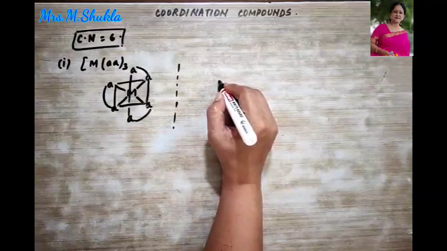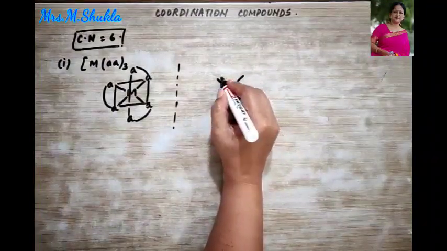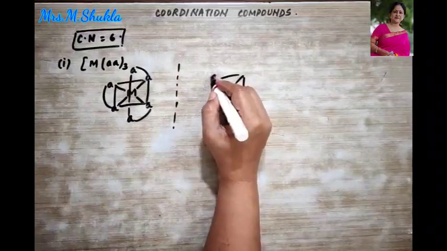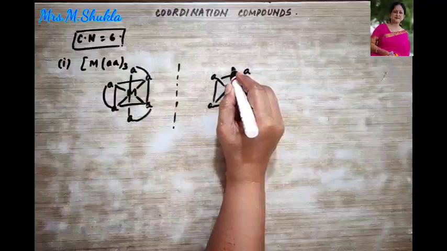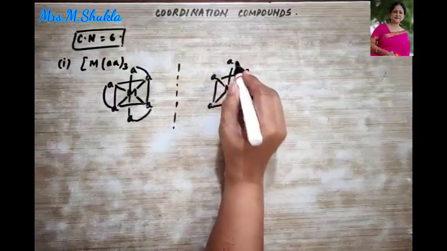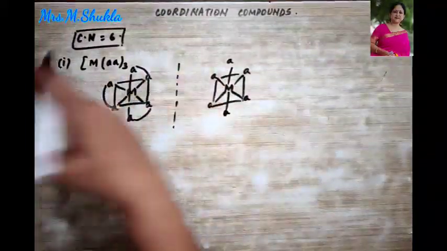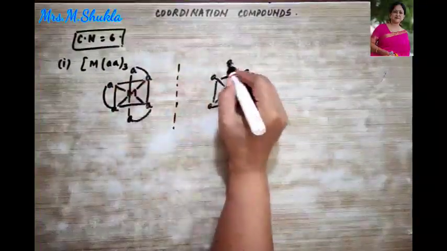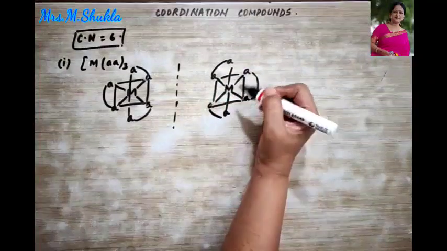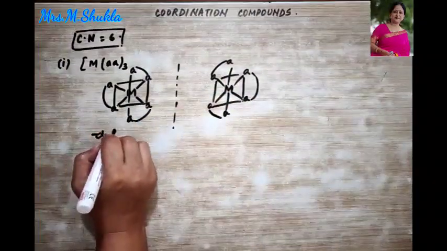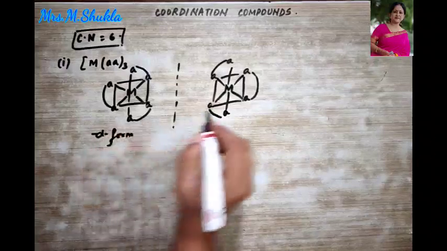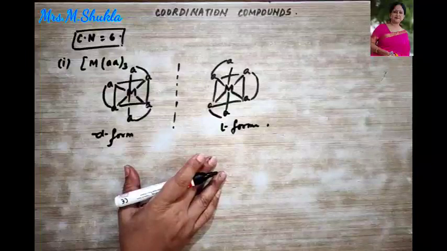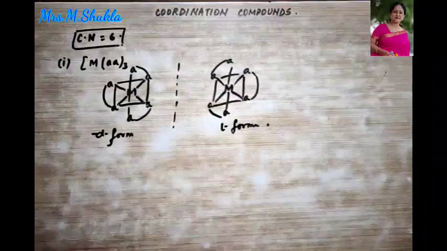M. This is A. So this portion goes the other side. This shows the mirror effect. This comes this side. Okay. So this is your D form and this is your L form. Right? Optically active, forming 2 isomers.